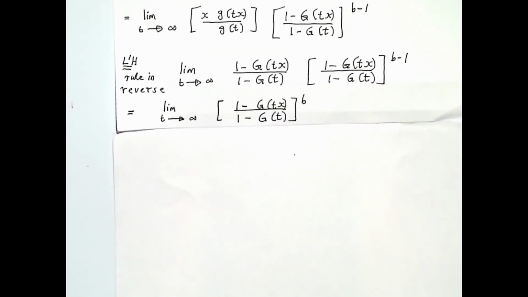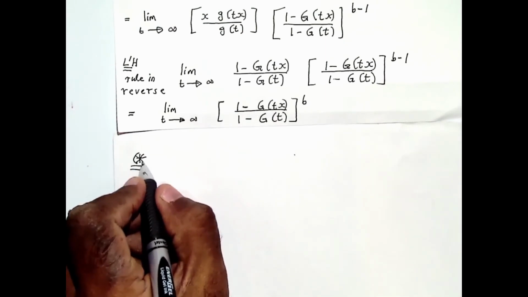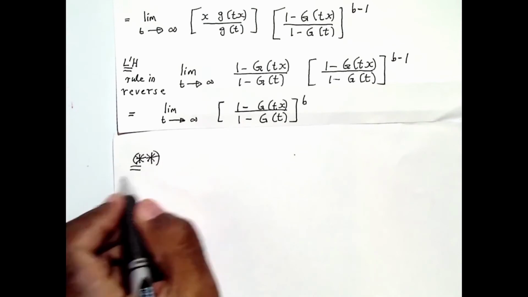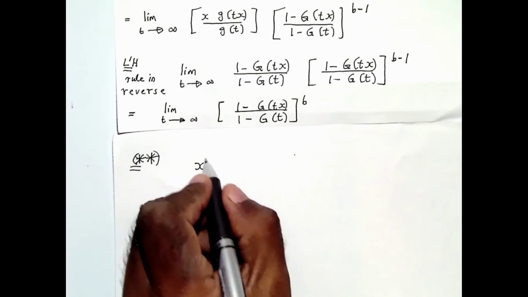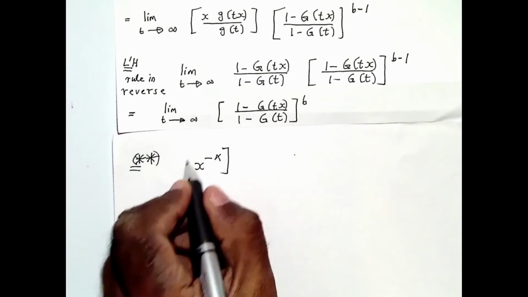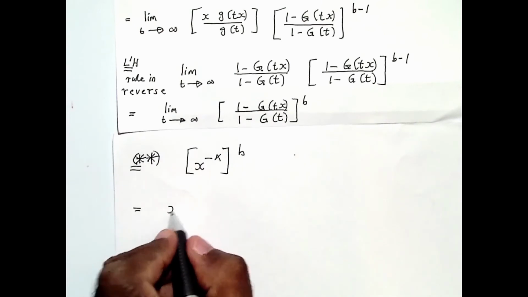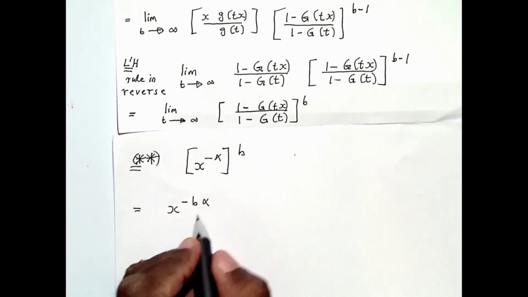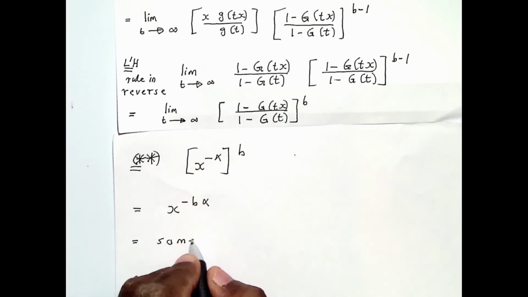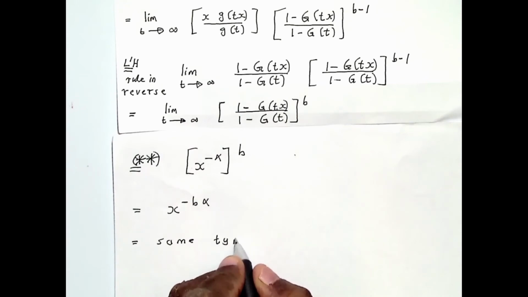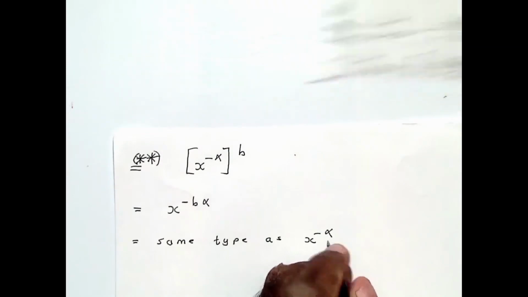So using double star, the limit of this is x to the power minus alpha power b, which is x to the power minus b alpha. b is a positive number, so this is of the same type as x to the power minus alpha.